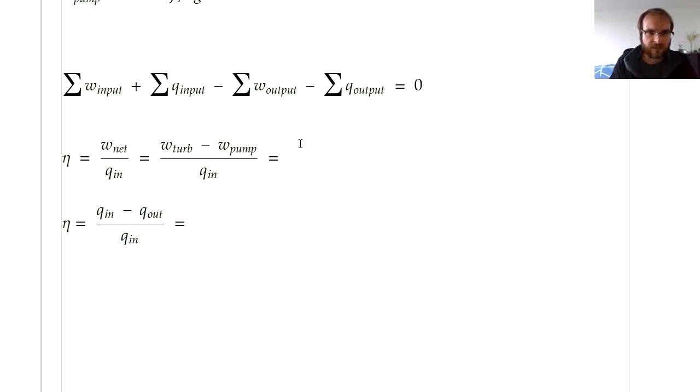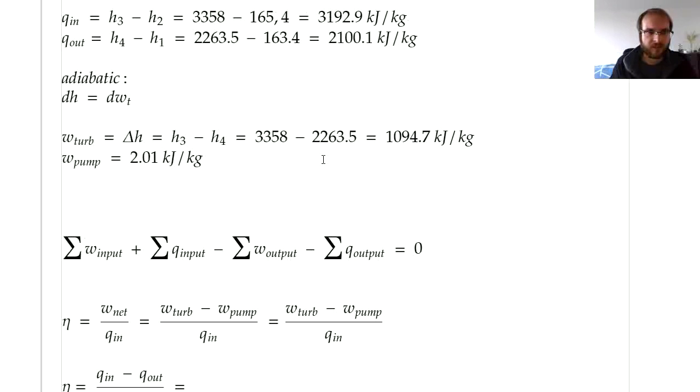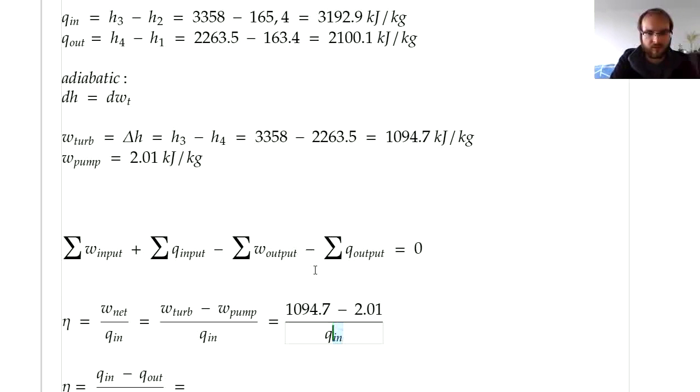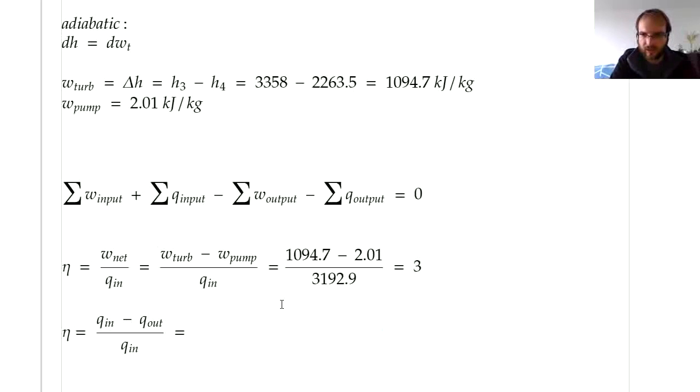So now let's see the values. The work of the turbine was 1094.7 kilojoules per kilogram minus work of the pump 2.01, and heat input was 3192.9, and the result is 34.22%.